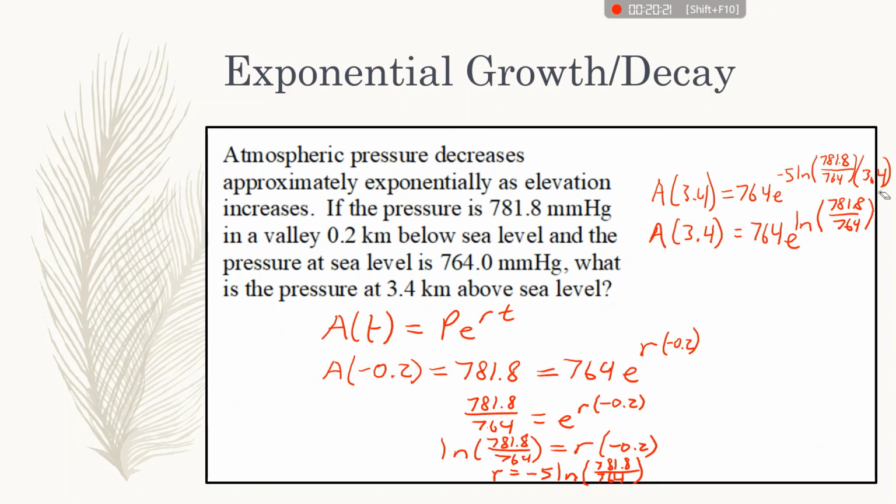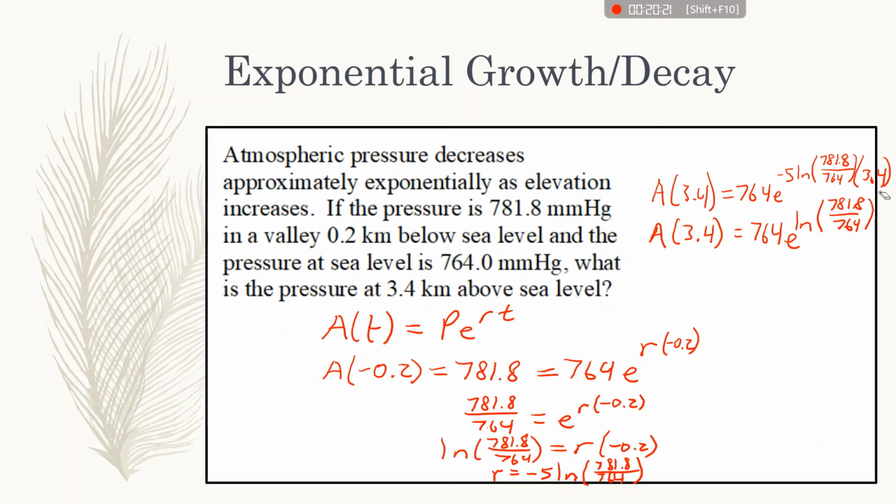Sea level pressure is a constant. My rate here is also a constant, but how far you are above sea level is not a constant. So if I derive this, I would get r p e to the rt in terms of time.